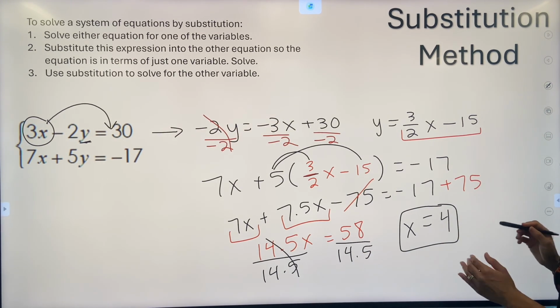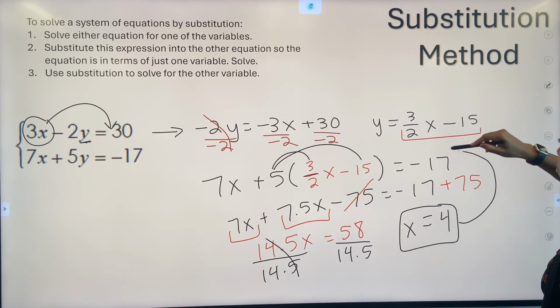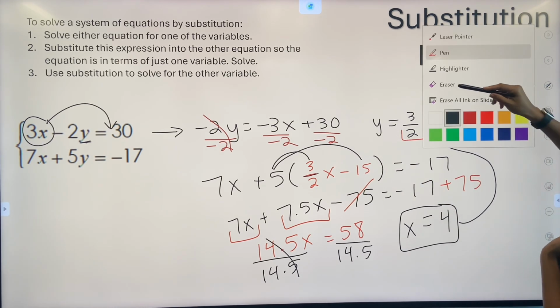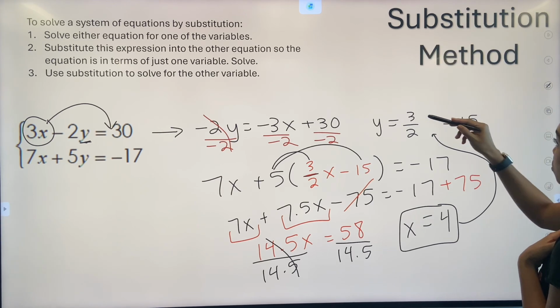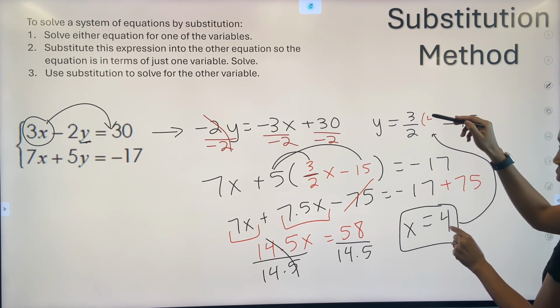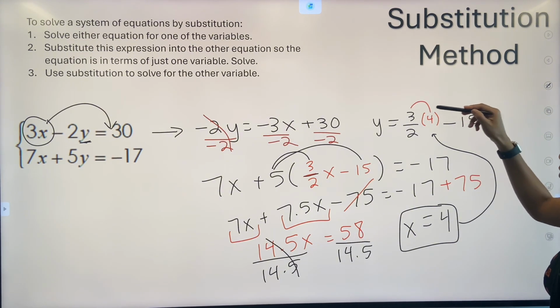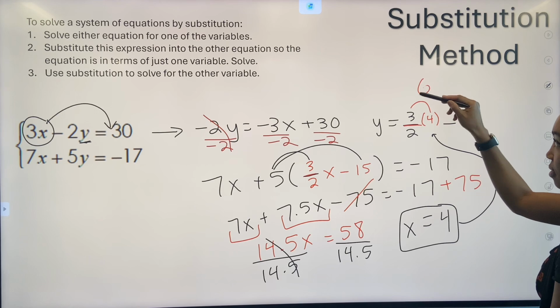Okay, so to find the y value, you can plug this in right here, and that will give you y. So I can erase this x and substitute it with a 4 because we just said x is 4. 3 times 4 is 12, divided by 2 is 6.